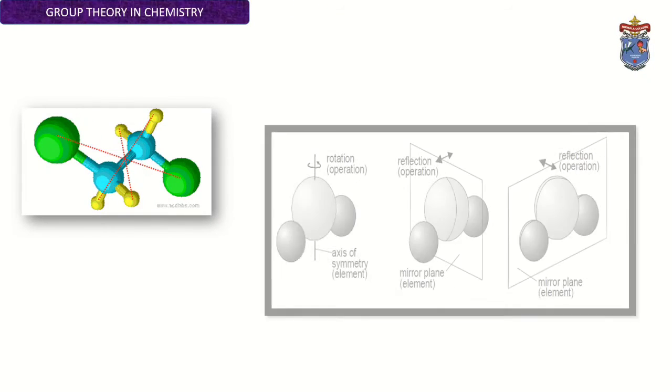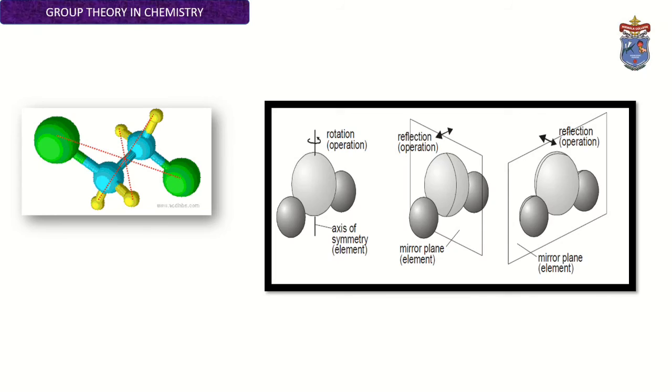The first diagram represents the inversion operation carried out on a molecule. The light blue color lobes represent the atoms, and the center point is used to invert the molecule so that we can get an equivalent configuration.